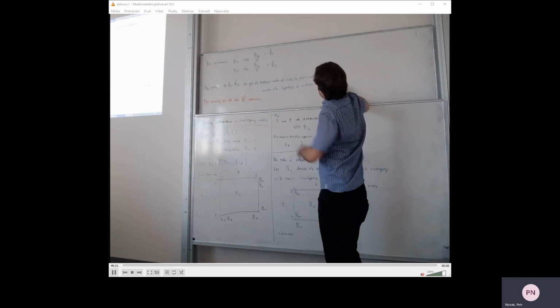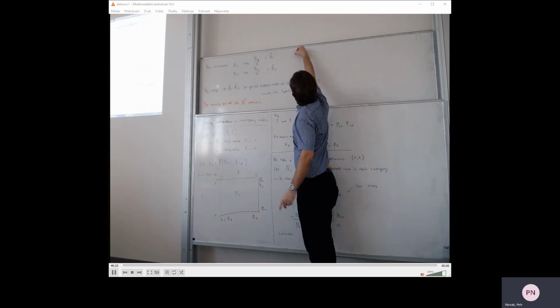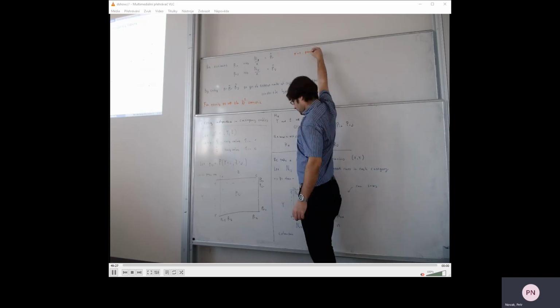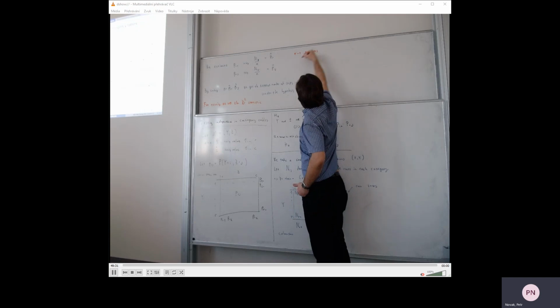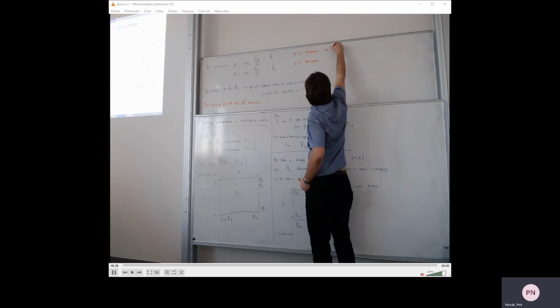So here r minus 1 parameters, and here c minus 1 parameters to estimate.